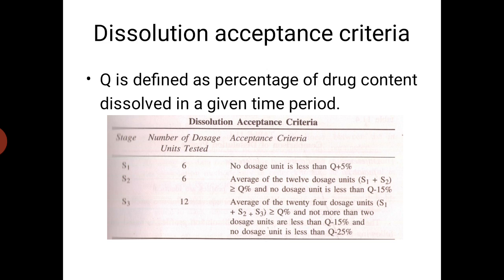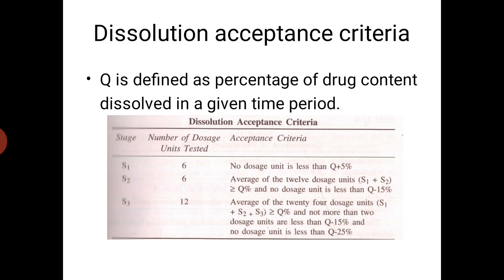In the third stage, you have to perform dissolution of 12 tablets. We can merge the results of the previous 2 stages also and compare with the acceptance criteria. If it passes the acceptance criteria, it's okay. If it fails, the batch is considered as failed for dissolution.